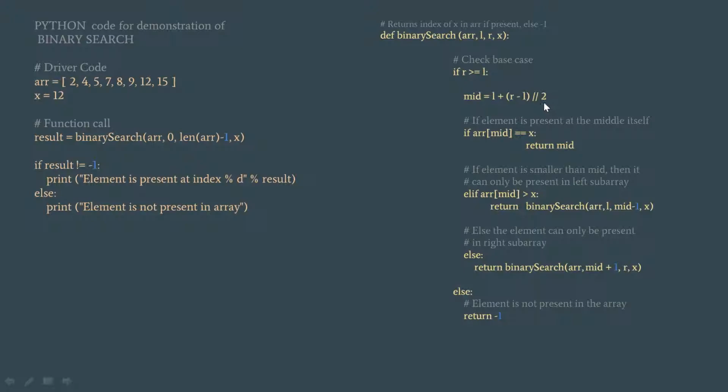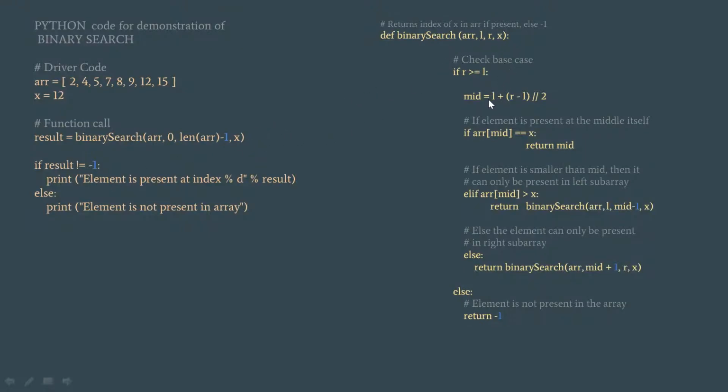This double slash does one thing in Python. It gives you the whole number value. We put r as 7 here, and l as 0 here.